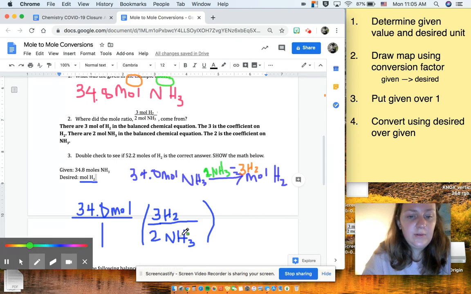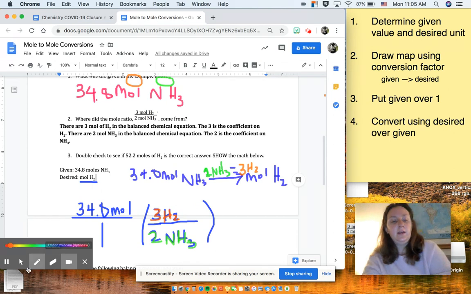And that's our green one. We just recolor code this. 3 H2. Now we're ready to solve.